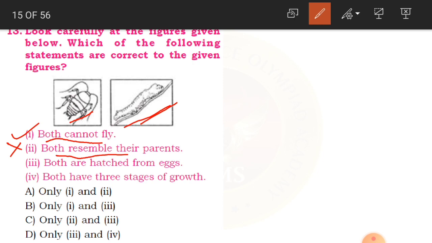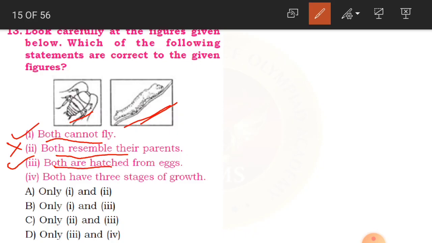And the third one is both are hatched from eggs. So cockroach and the butterfly produce their young ones through what? Through eggs. And both insects' eggs are hatched. So that is why the third one is again the correct statement. Okay, children.